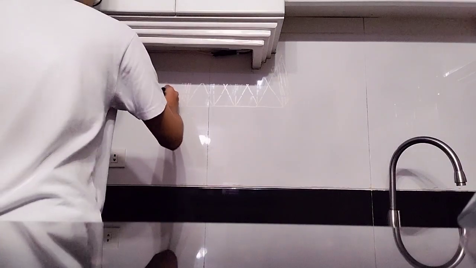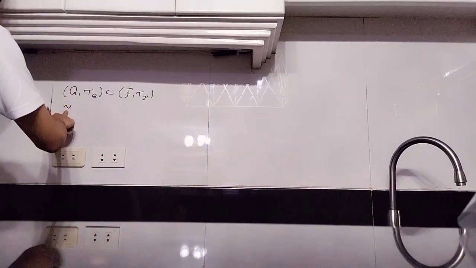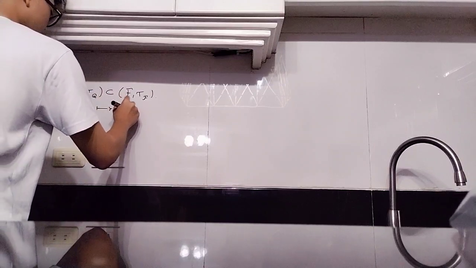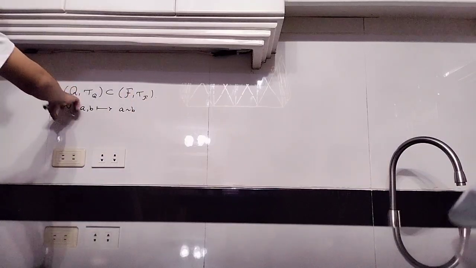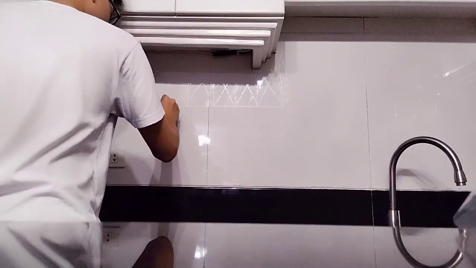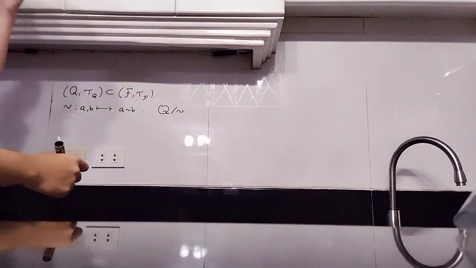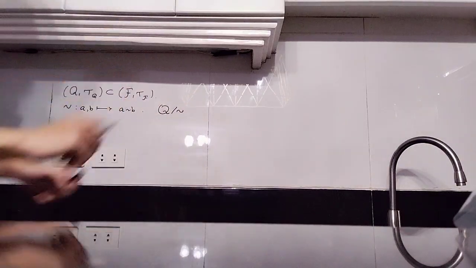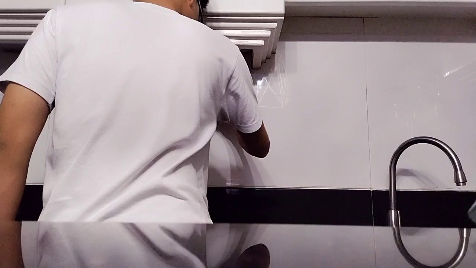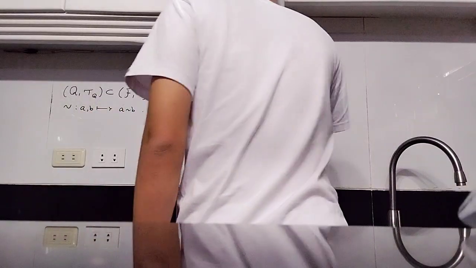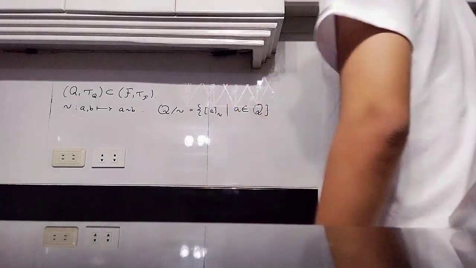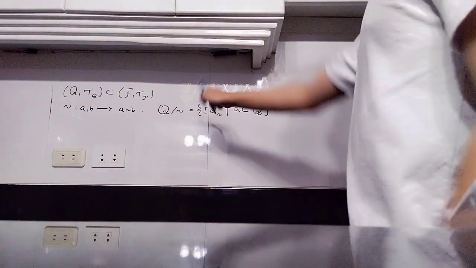So let this relation, which takes A, B to A identified with B, be an equivalence relation on Q. Then Q mod this relation, or Q quotient this, which we call the quotient set, is the set of all equivalence classes under it, so all [A] such that A is inside Q. This is the quotient set.